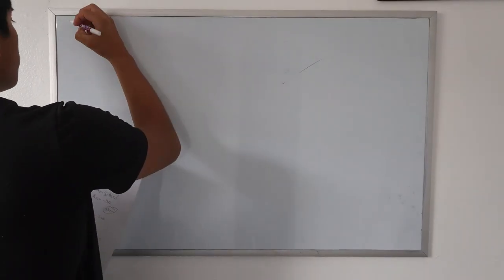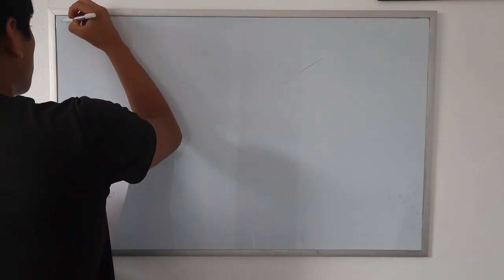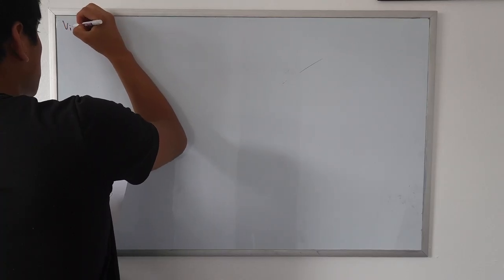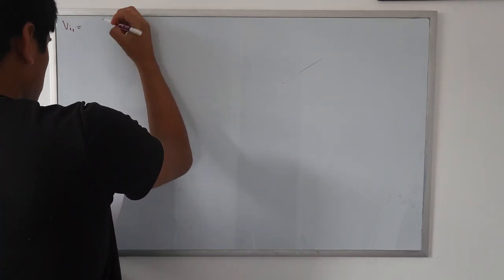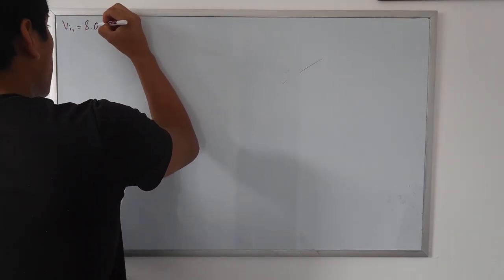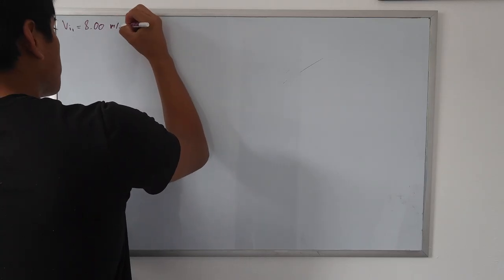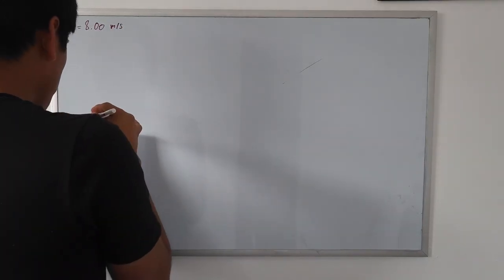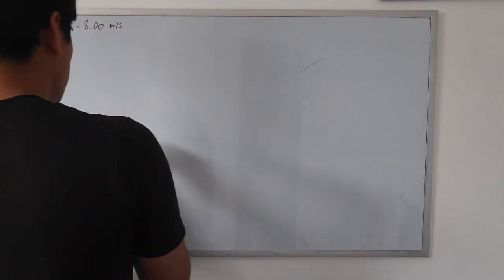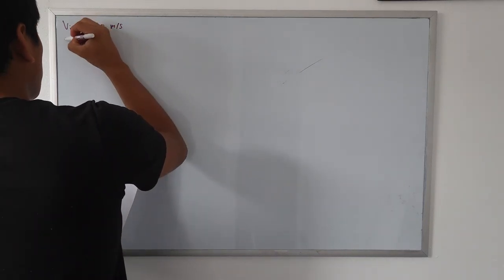So for object number 1, the initial velocity is equal to 8 meters per second, and it has a constant acceleration of 2 meters per second squared.